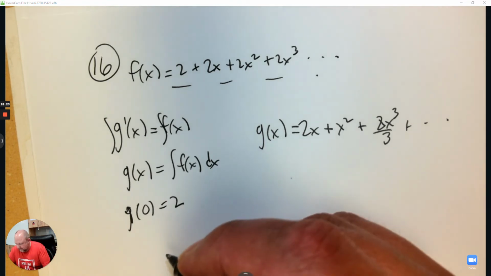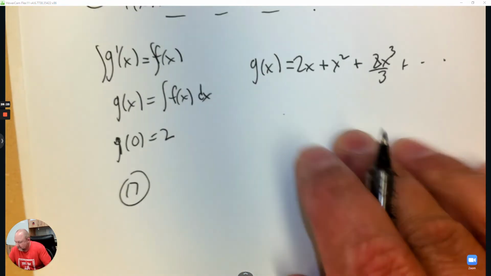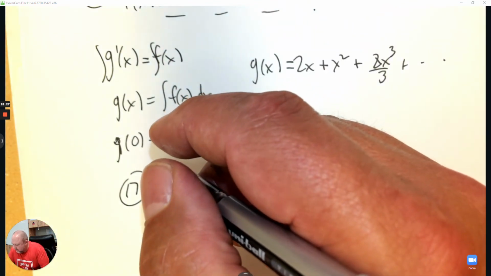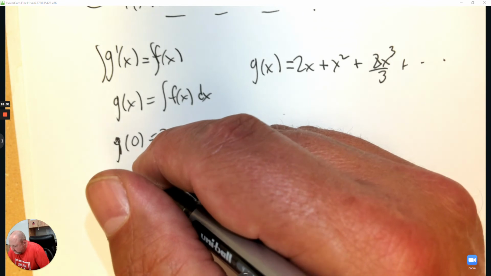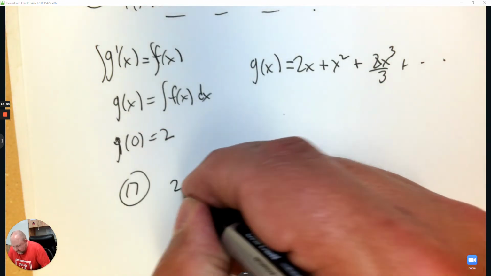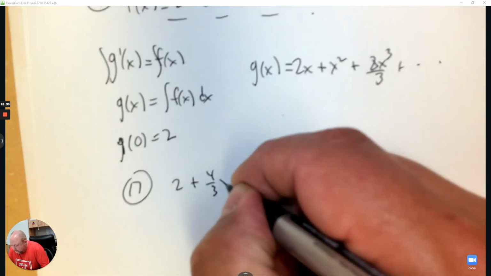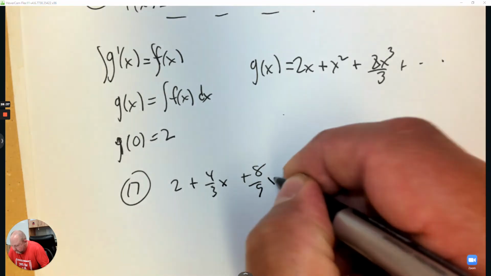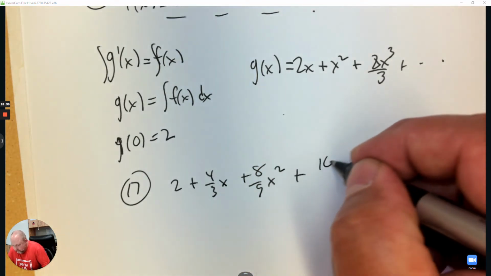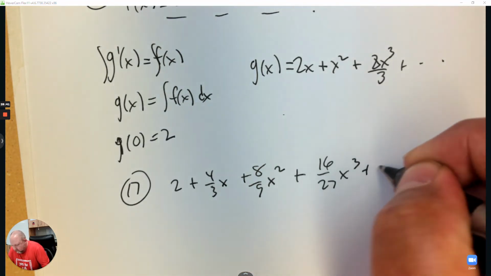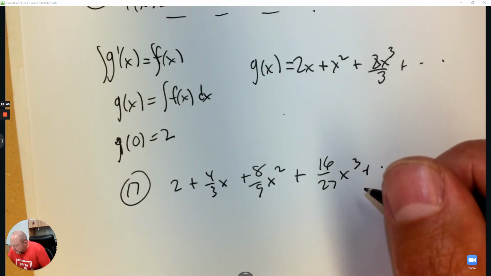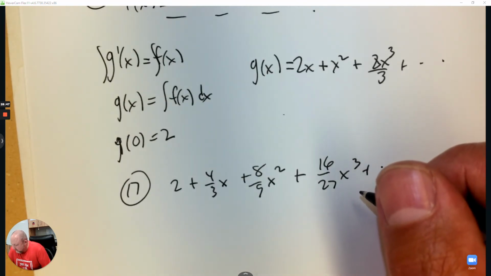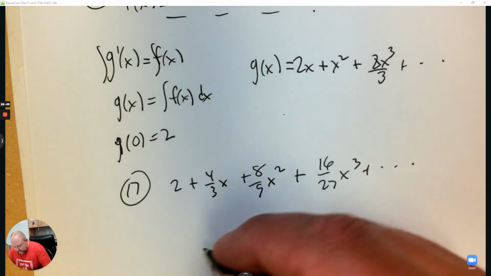Number 17. The Taylor series for a function about x equals 0 equals that. Write the first 4 non-zero terms in the general term for the derivative.